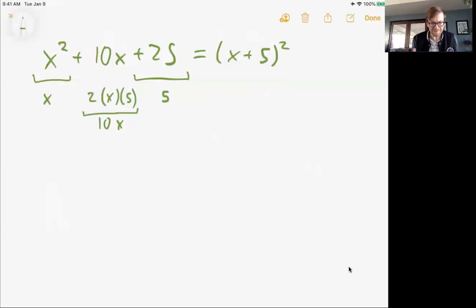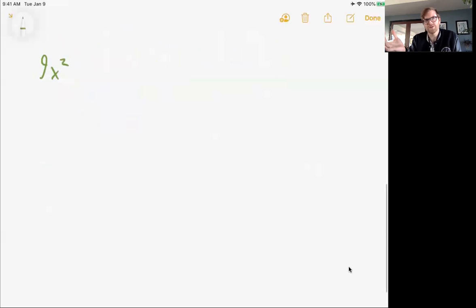Okay? Let me see if I can make up another one for you on the fly. Let's see. I want something squared to be on the left. How about 9x squared? That's a nice perfect square. And then I'll want to pick some sort of thing squared to be on the right. So how about, I don't know, 7 squared, put a 49 on the right there.